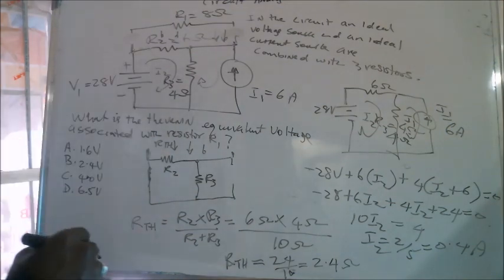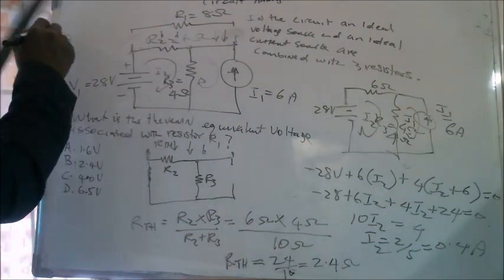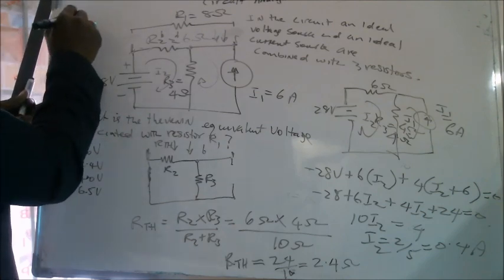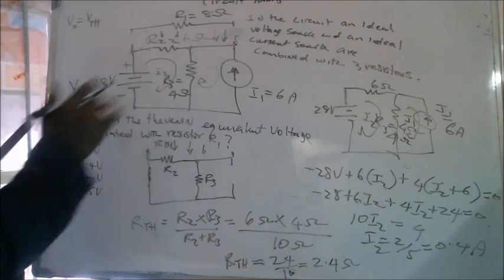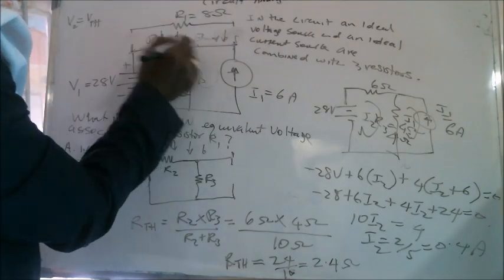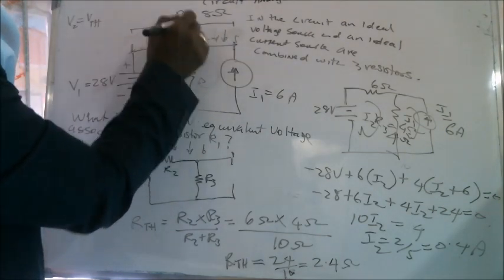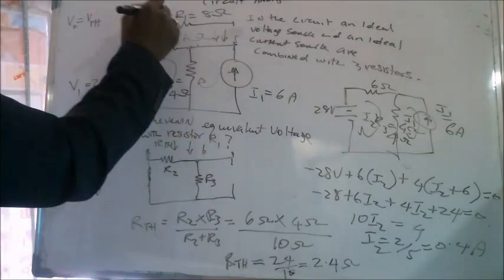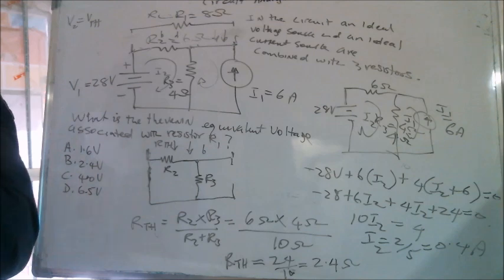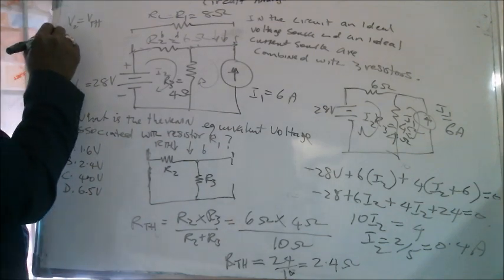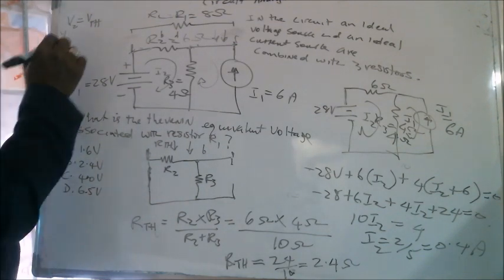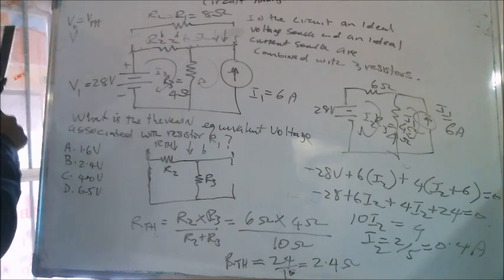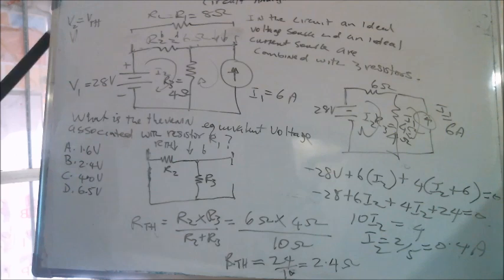Call it V2. V2 is going to be Vthev, since it is the voltage across the point where R1, the load resistor, is removed. So Vthev is the same thing as V2 when the load resistance R1 is removed.